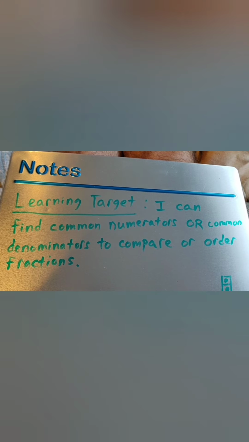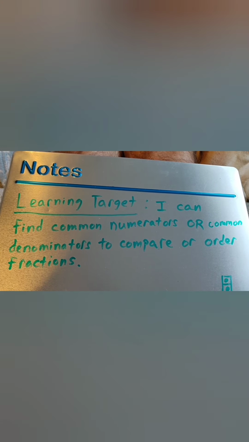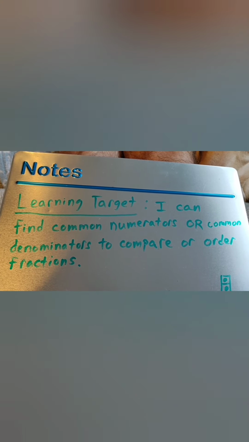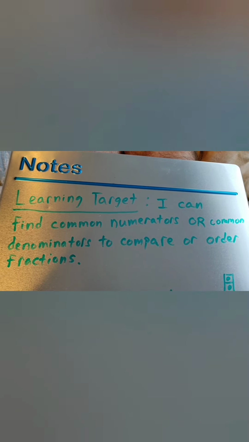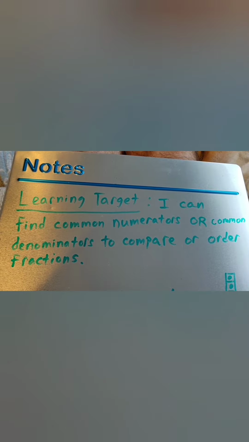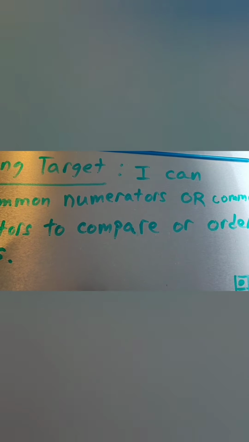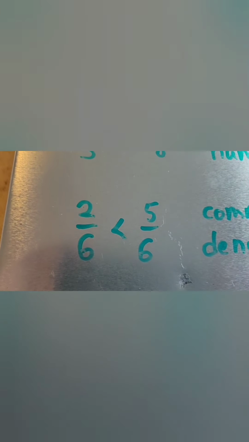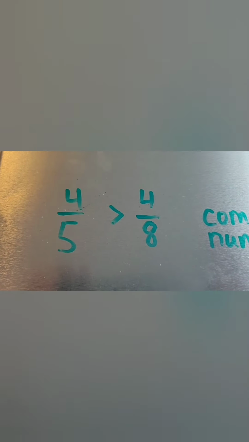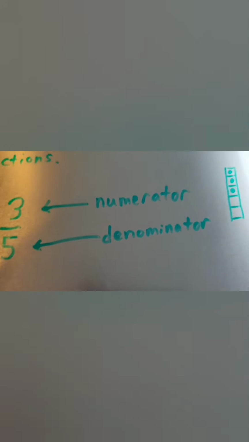And same thing, if they don't already have the same denominator, then I can express them as equivalent fractions with the same denominator. So I can easily, getting to the last part of the learning target, compare them, which is what I did here and here, right? If something's greater than, equal to, or less than, we're comparing them.